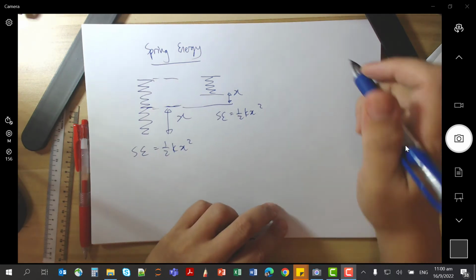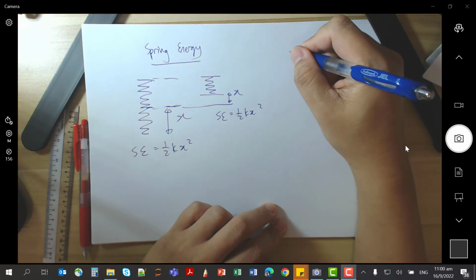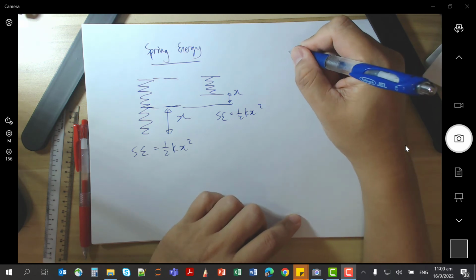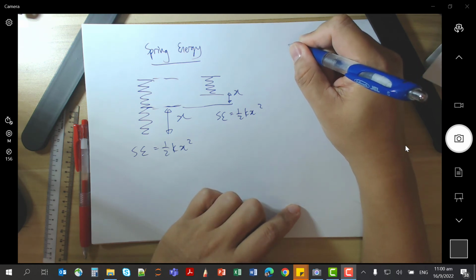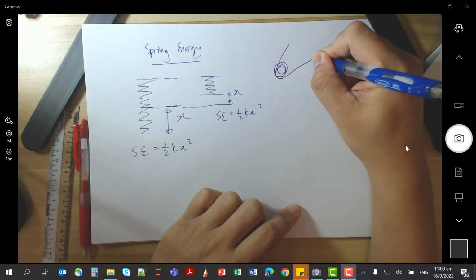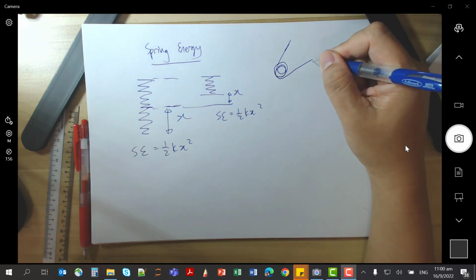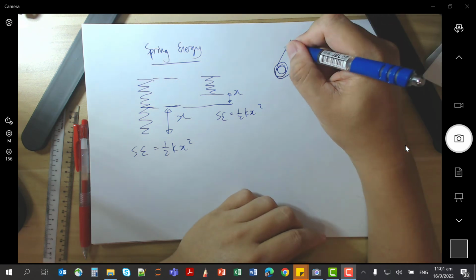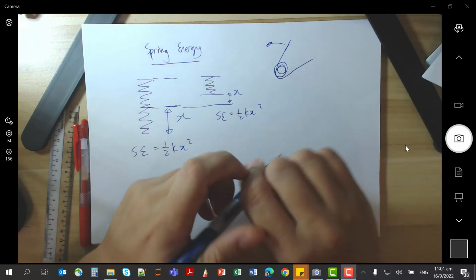The other kind is where, instead of pulling, you turn it. An example is this kind of spring. Undeformed, it has this shape, but you can actually pull it to make it wider.